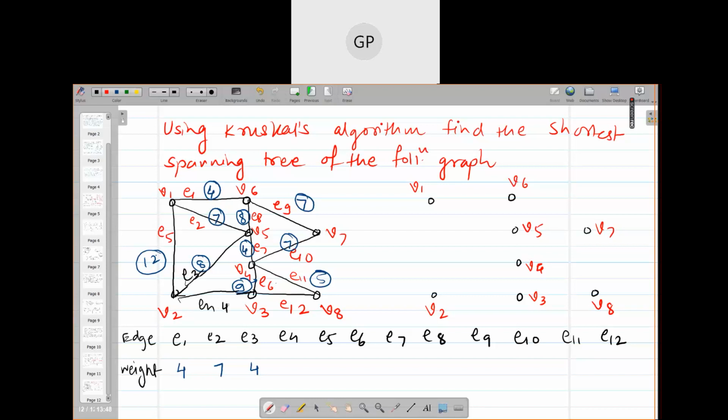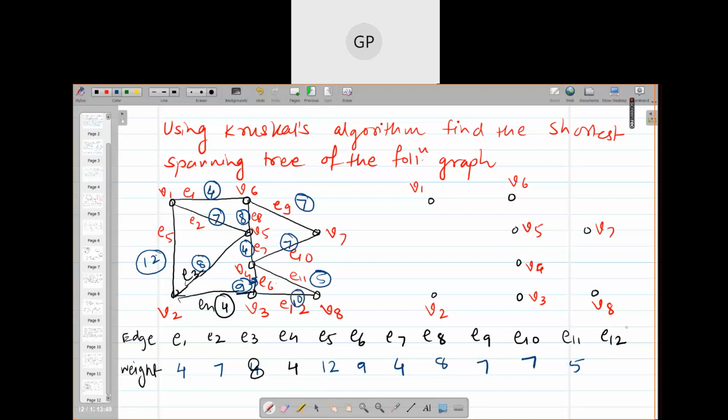E4's weight is 4. Yes. So E3 is 8. E4 is 4. E5 12. E6 9. See, this is E6, here I have made an arrow. E6 9. E7 4. E8 8. E9 7. E10 7. E11 5. And I forgot to write the weight of E12. E12's weight is 10.